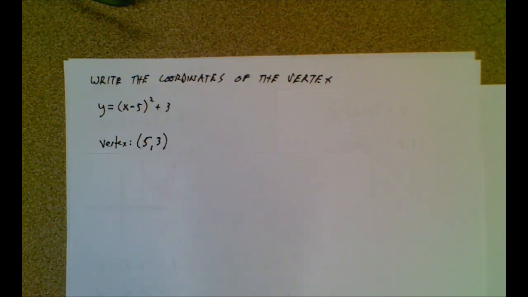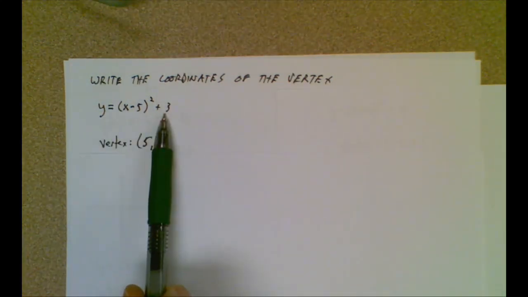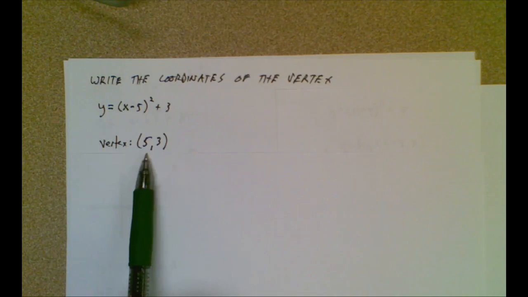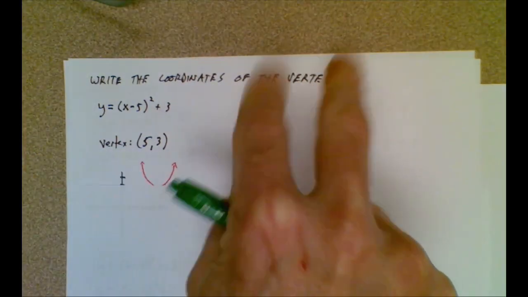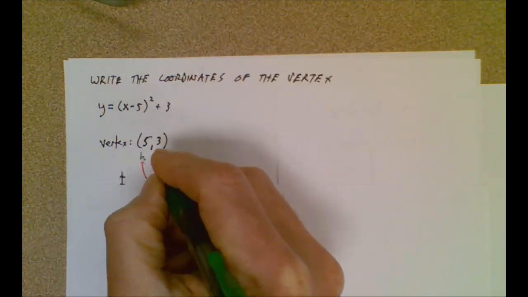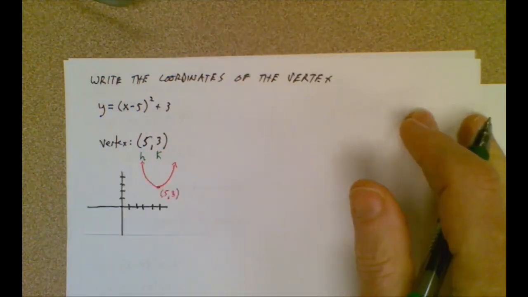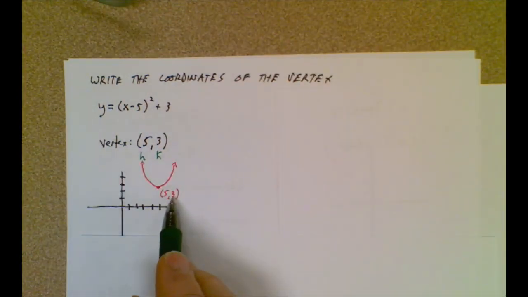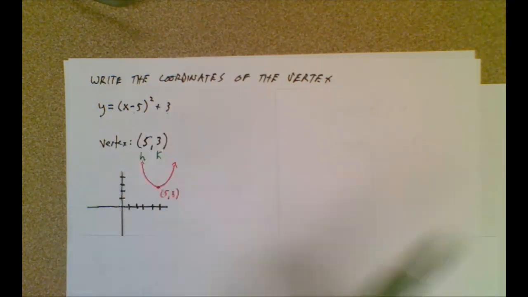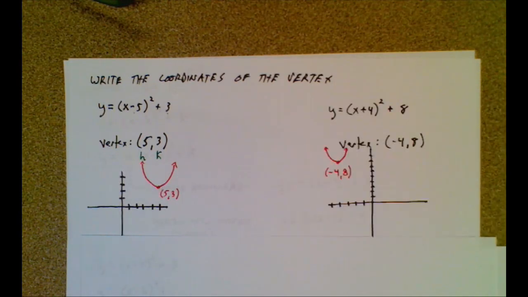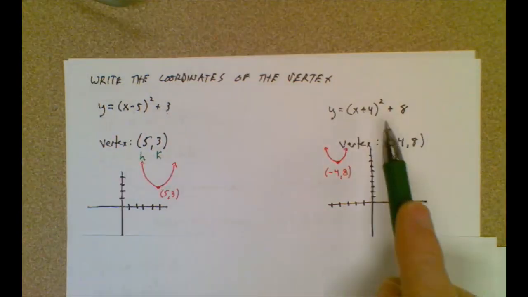So in keeping with that theme, if I gave you this equation, you could easily say that is the vertex, and that is your h, and that is your k, or the coordinates of the vertex after you translated the parent graph 5 units to the right, 3 units up. Same thing over here.